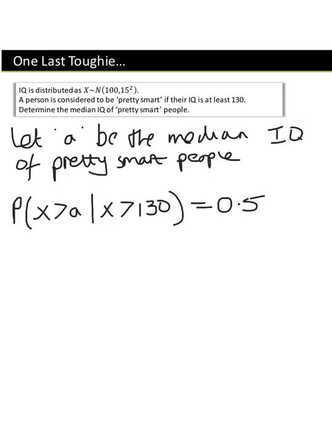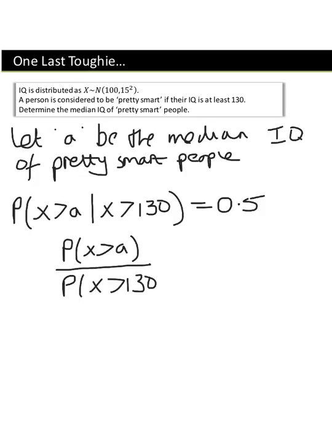So thinking about what we did in our last questions, that would be like us saying the probability that x is greater than A over the probability that x is greater than 130 is equal to 0.5. Just rearranging this because we want to work out what A is.